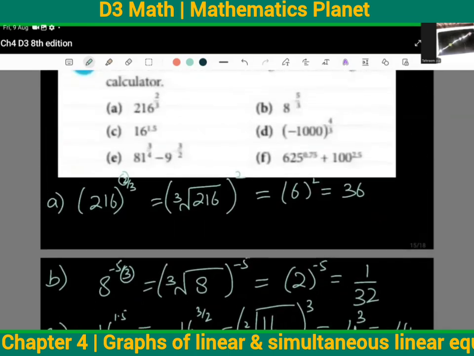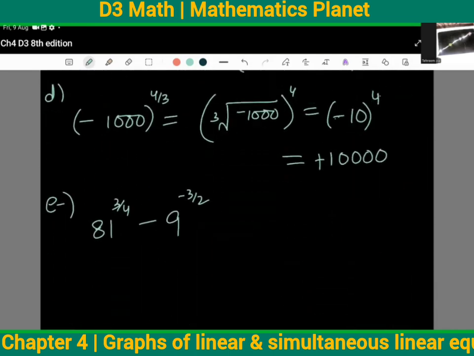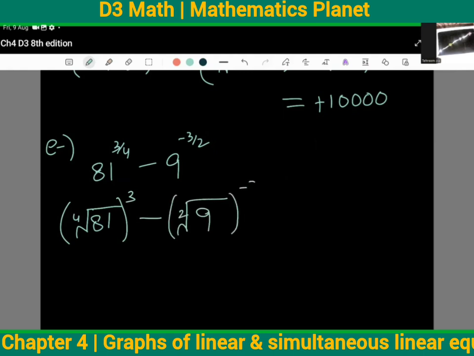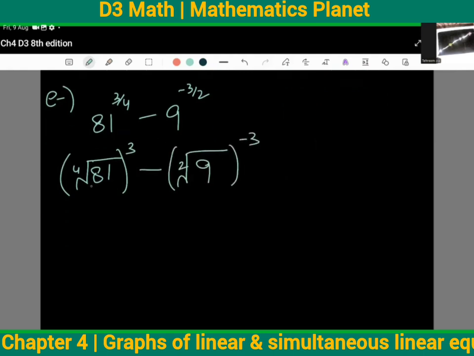This is division, this is simple subtraction, so we won't do it like this. First of all, we need to solve this. We will do 81 to the power 4, and here it is a cube, minus 9 here in the radical and -3. Okay, what is the fourth root of 81?